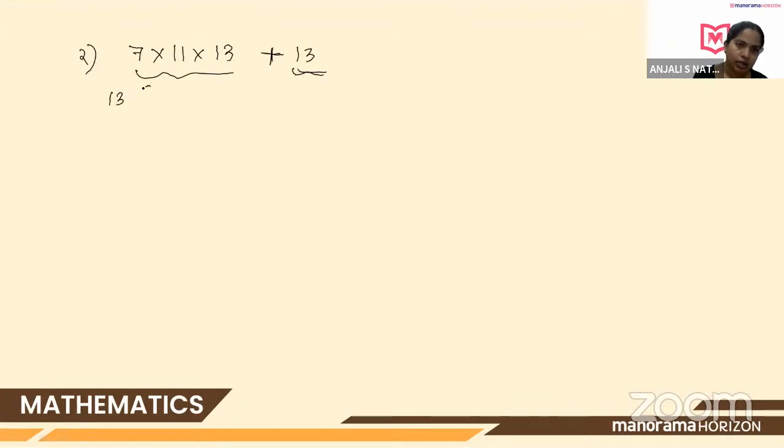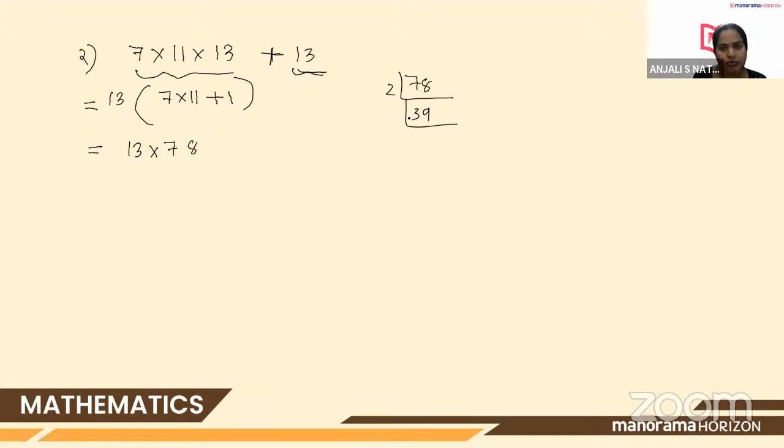So 13 into 7 into 11 plus 1. So 7 into 11 is 77, plus 1, that is 78. That is 13 into 78. And factorize 78. 78 divided by 2 is 39. So 39 is in the table of 13. So 13 into 3 is 39.